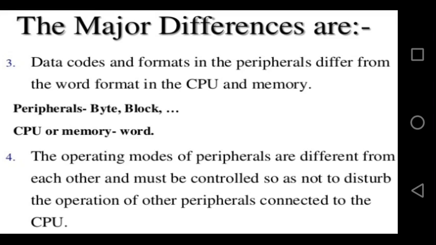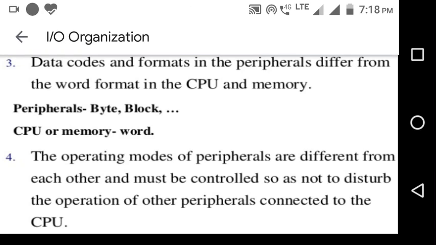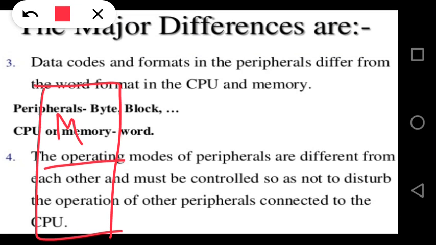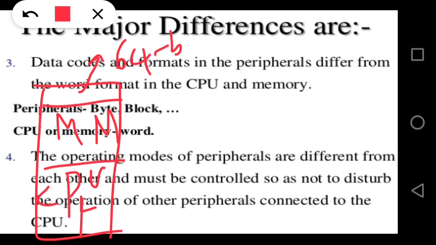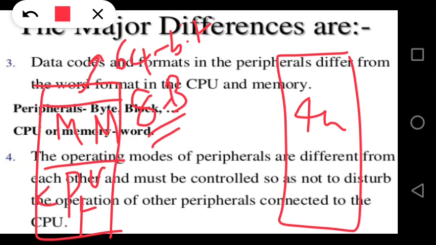But if this is my internal storage, the main memory, and these are CPU registers, let's assume the word size in main memory is 64-bit. That means 8 bytes. Whereas your keyboard might be sending 1 byte.